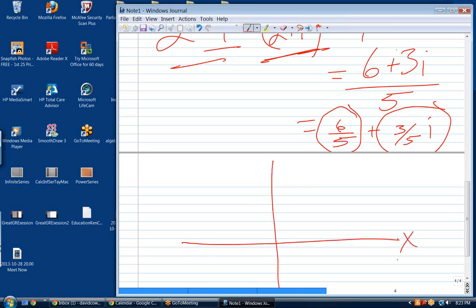No. Well, when you graph imaginary numbers, the vertical axis is the imaginary axis, the horizontal axis is the real axis. So if I was graphing this number, I would go to 6/5 and I would go up to 3/5. And the coordinates on that would be 6/5, comma, 3/5 i.